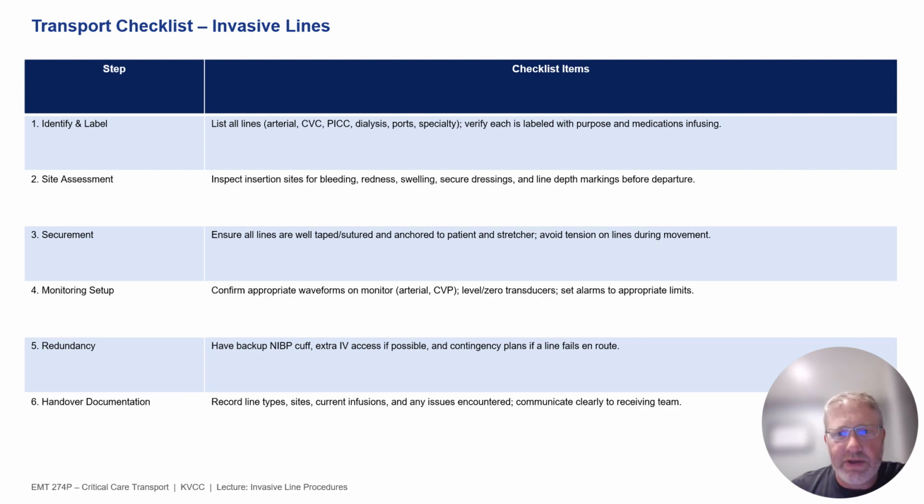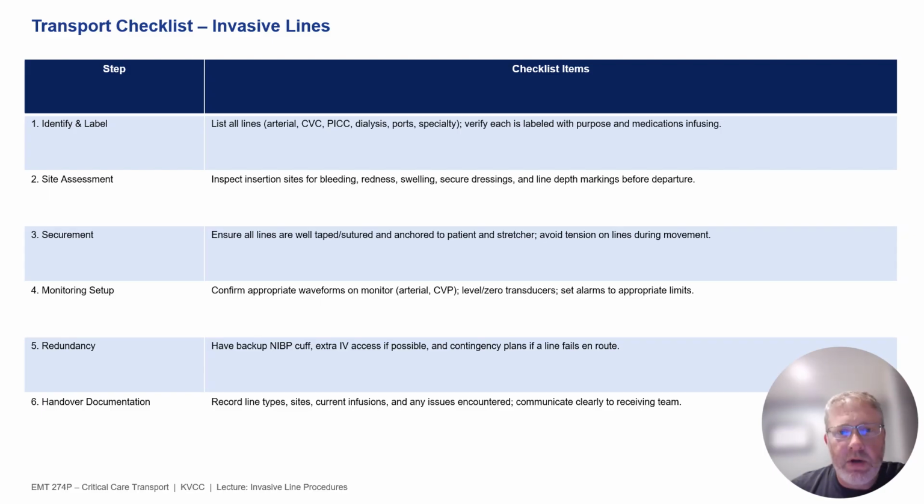Make sure that the waveforms are visible, that the transducers are leveled and zeroed, and that the alarms are set. The alarms should always be set according to protocol for the hospital that you're both taking them from and delivering them to.